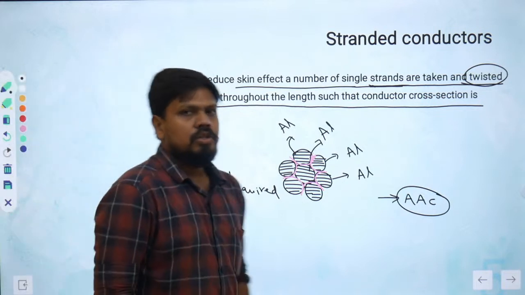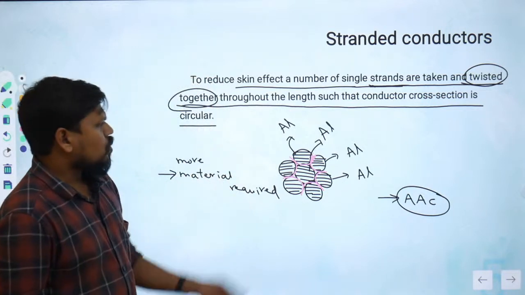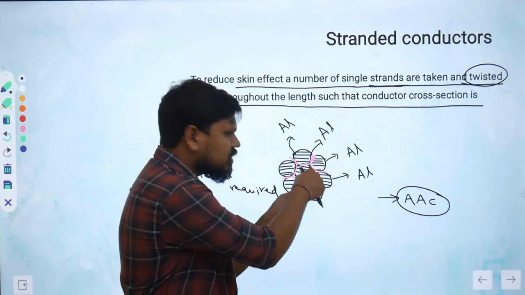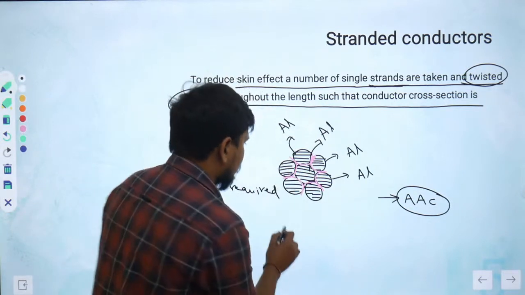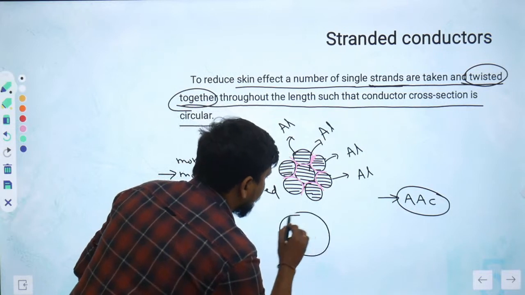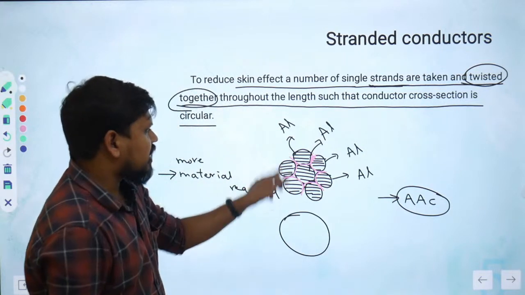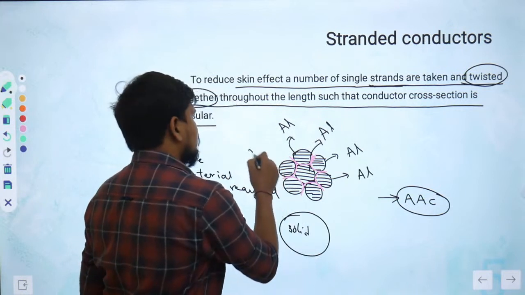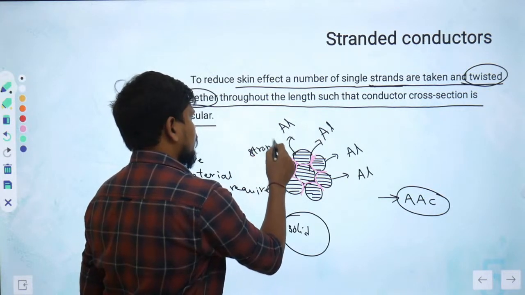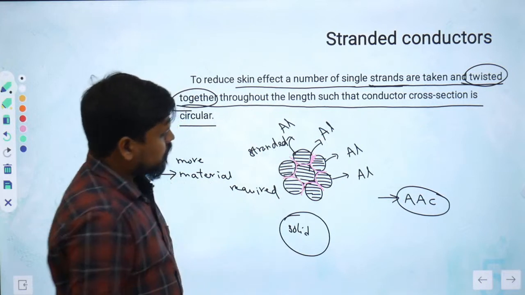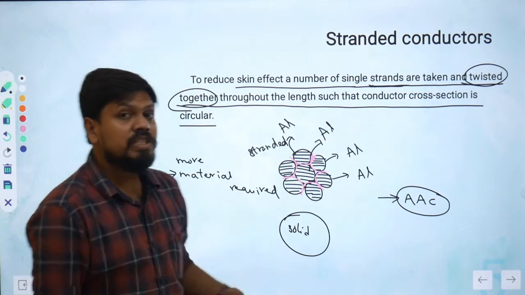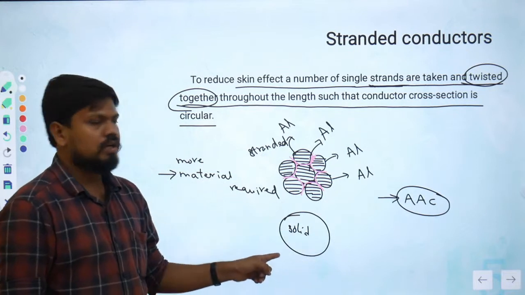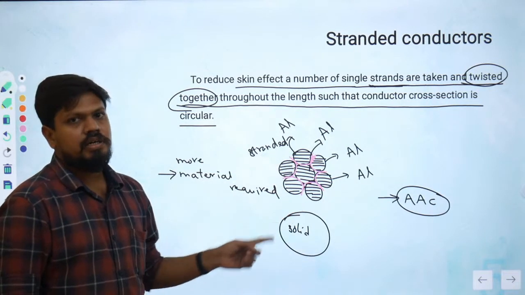Understood, right? One more thing, whenever there are many smaller strands, is there any bonding between them all? Suppose we have a solid big conductor and a stranded conductor, okay? This is the solid conductor system and this is stranded. When you compare these two, which will be stronger? You can understand the solid is stronger compared to the stranded conductor.